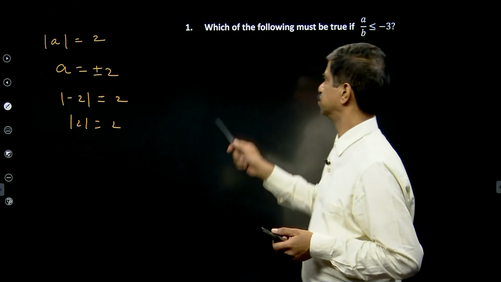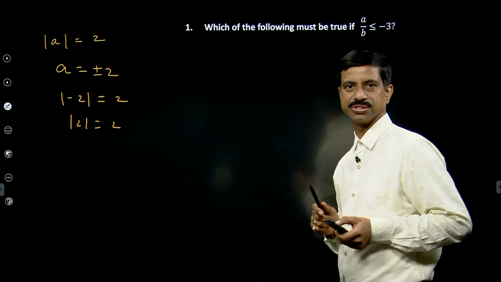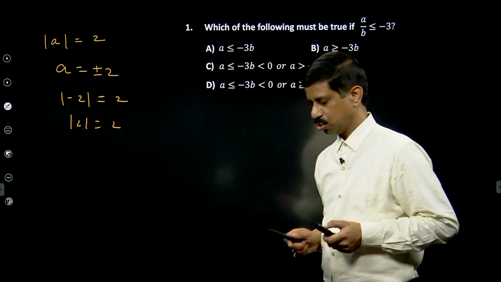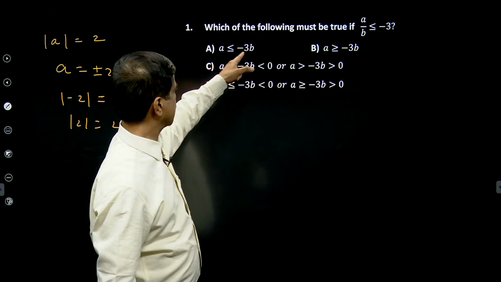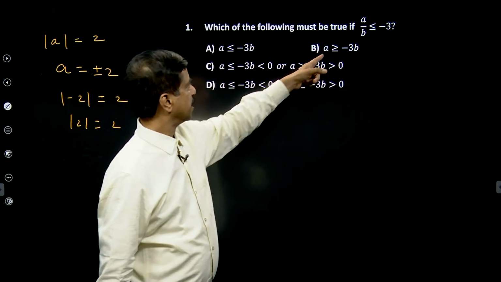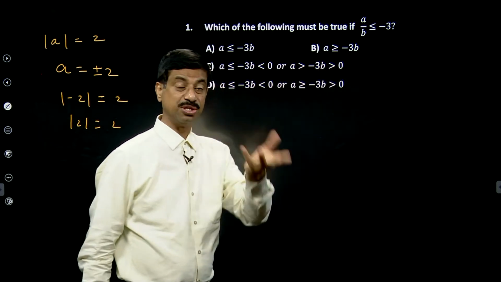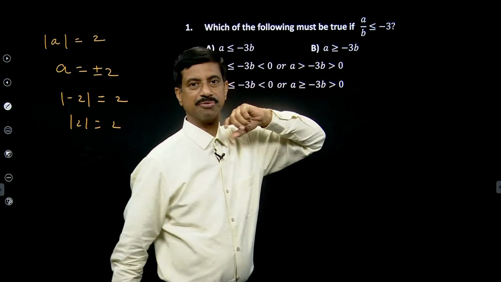Children, now you see which of the following must be true if A by B is less than or equal to minus 3. Here, if you observe the options, option A: A is less than or equal to minus 3B, directly cross multiplication has been done. Option B: A is greater than or equal to minus 3B, a change of sign. Actually, here it is less than or equal, but here it has become greater than or equal to.